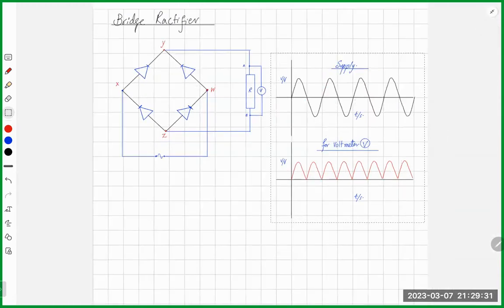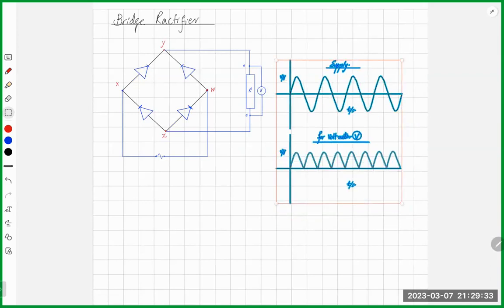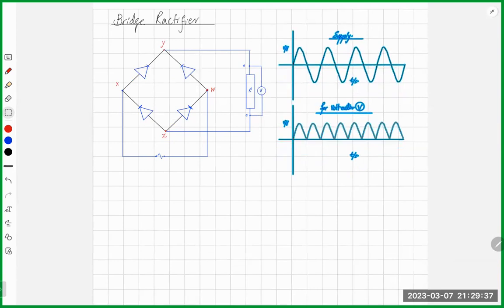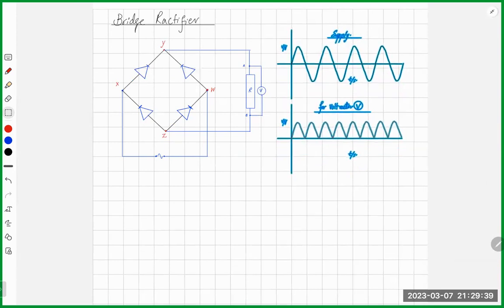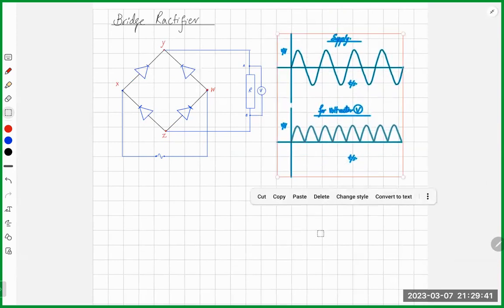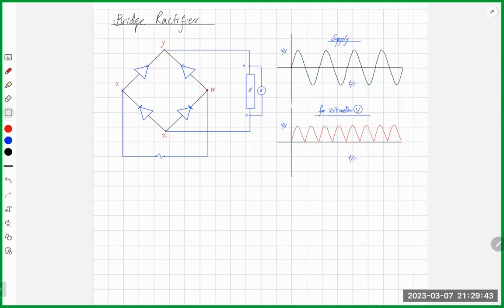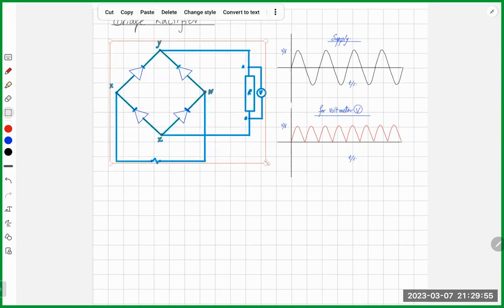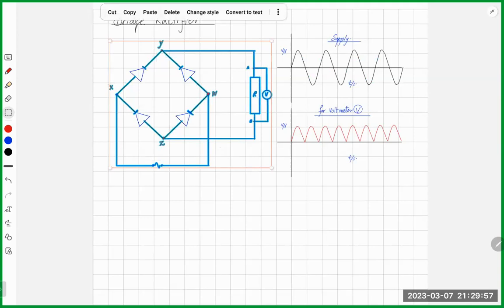But the achievement in this is that we did it without a capacitor. Now you can ask what was wrong with the capacitor? Are capacitors very expensive? The answer is no, they're not very expensive. Then why do we need to do it without a capacitor?